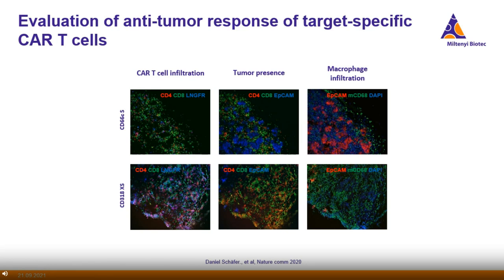CD318 CAR T cells infiltrated the tumor and did a great job, and this resulted in less tumor presence. And combined with the observation of CAR T cell infiltration in the CD318 treated group, they observed CD68 macrophage infiltration, which is a really interesting observation. And in the paper, they performed validation experiments which confirmed these findings.